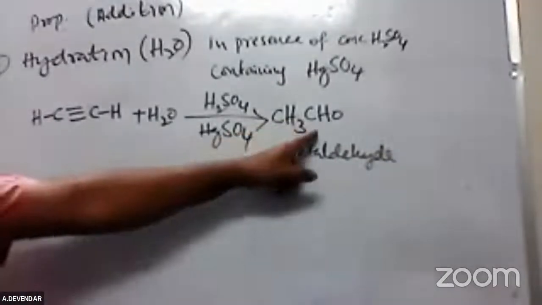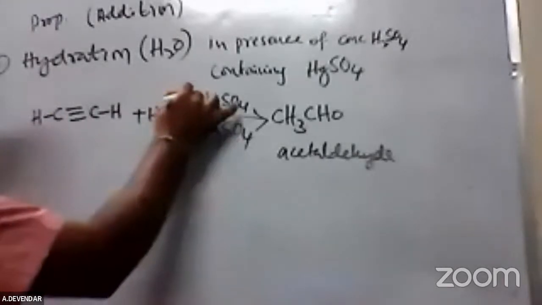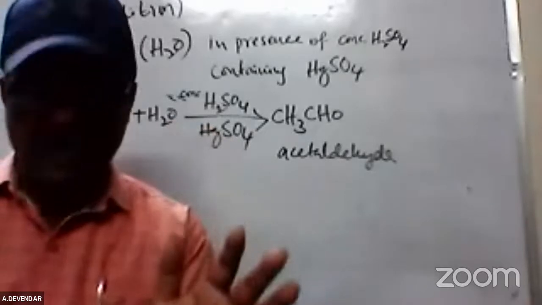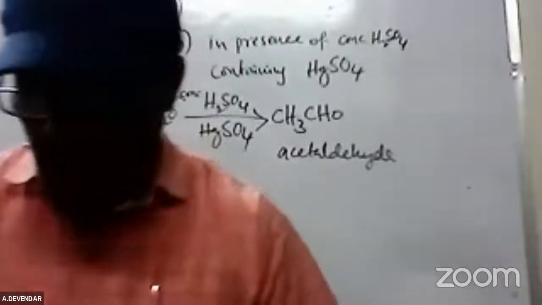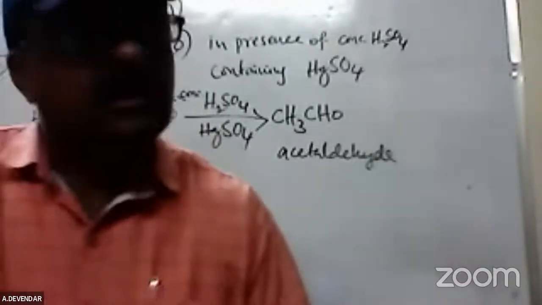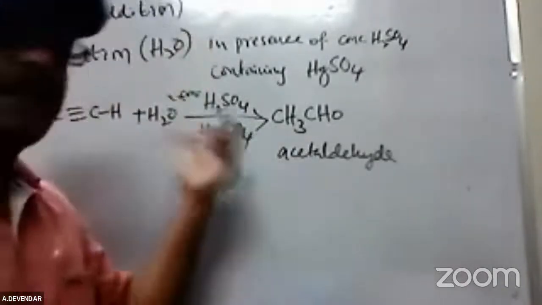Ethylene is hydrolyzed in presence of concentrated sulfuric acid containing mercury sulfate, and you get acetaldehyde. But there is an intermediate product: vinyl alcohol. Vinyl alcohol you can call the intermediate product.